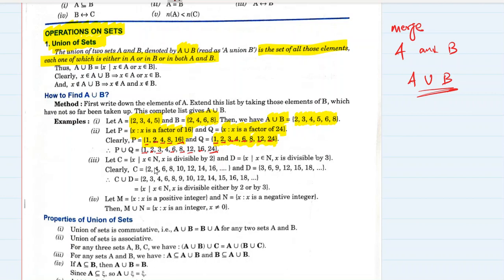We list all the elements divisible by 2 and divisible by 3 side by side, and we merge them, so that it is a set of all the elements which are divisible either by 2 or by 3, like 2, 3, 4, 6, 8, 9, and so on.